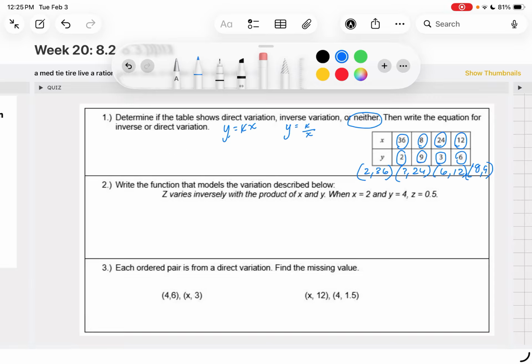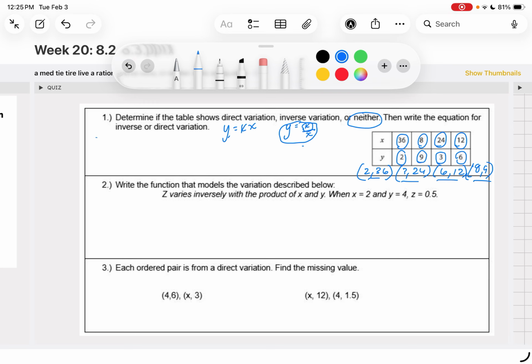And now we're going to try to see if we can set up an inverse variation equation that would fit the data, okay? So this time, instead of y equals kx, we're going to use y equals k divided by x and see if there's any k that's going to work for each set of points. I don't think it is, but let's check.